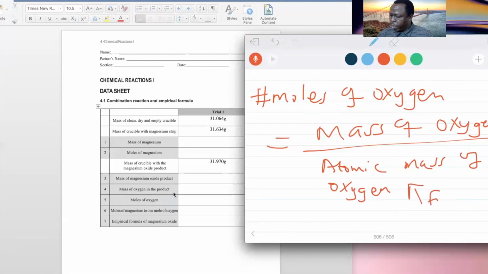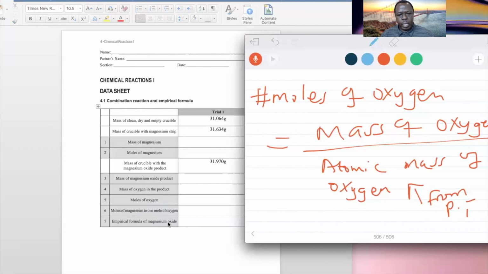You get that from the periodic table. If you know the moles of magnesium and moles of oxygen, you need to find the mole ratio of magnesium to 1 mole of oxygen. That means you divide by the smallest number to get that, and then you write the empirical formula. If you do your math correctly, I don't think you will need to multiply by 2 the way I did in the previous example.